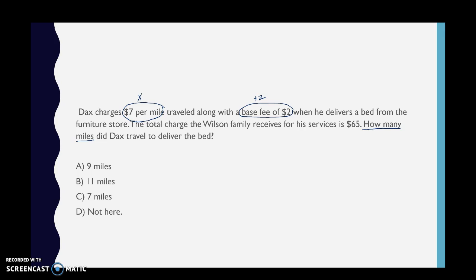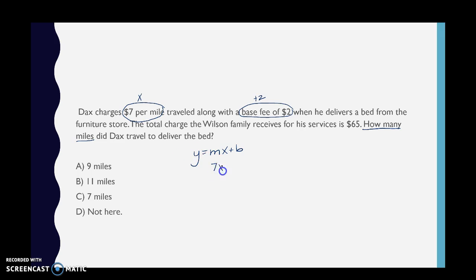So if we didn't know what type of problem this is, what type of problem does it remind you of? My hope is everybody said a linear relationship problem, where we know that y equals mx plus b. So what is m? M is the rate of change, so it's what it needs to be multiplied by.